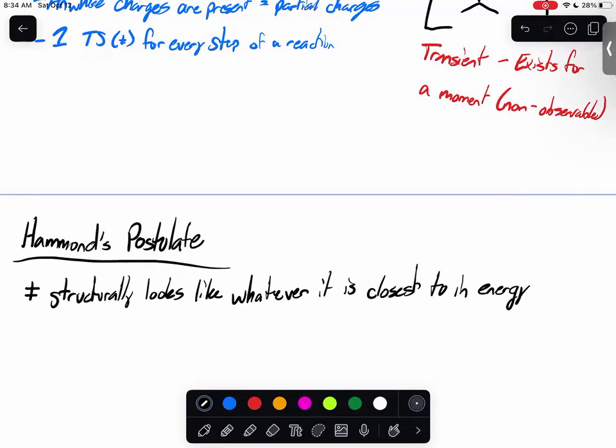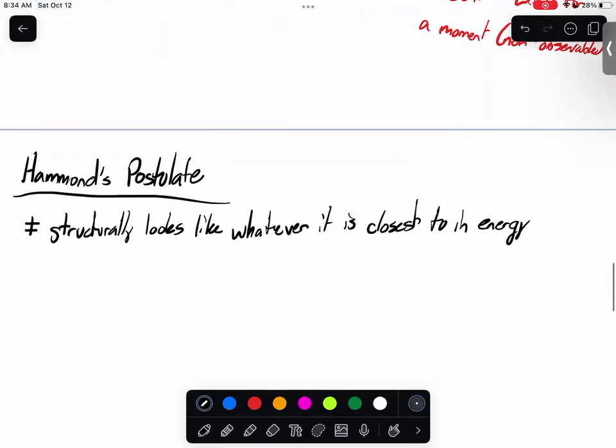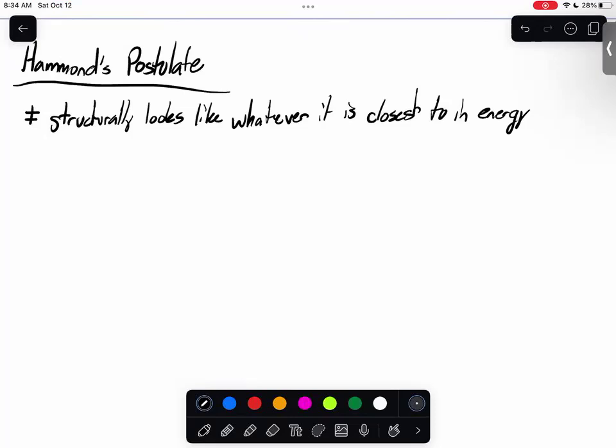Okay. This adds an interesting piece to our transition states because it's essentially telling us what does the top of that peak actually look like, not just this little drawing of a transition state, which the drawing is still correct, but there's one other thing we need to keep in mind.